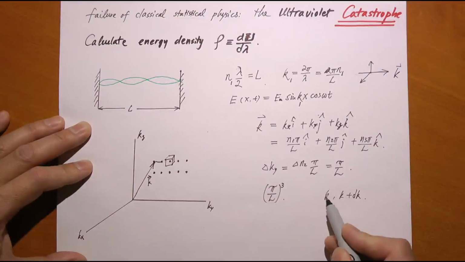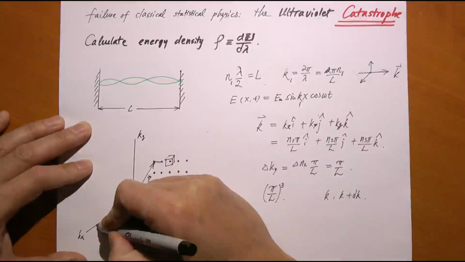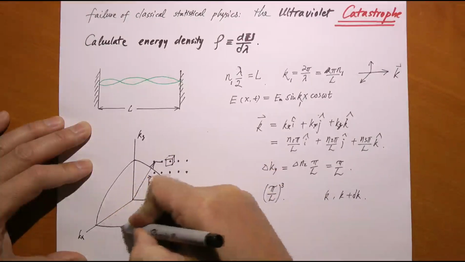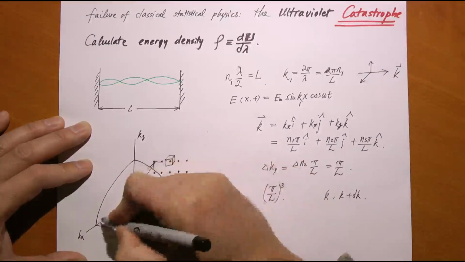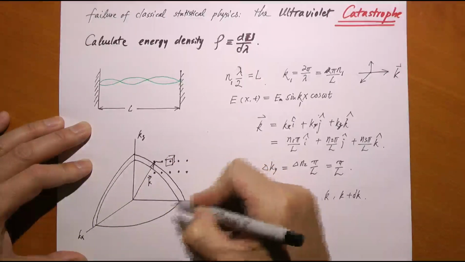Well, if the magnitude k is constant, we're looking at a spherical shell. So between k and k plus dk, that is a region of a spherical shell whose radius is k and whose thickness is dk. We're looking at something like this. This is part of a sphere, and this thickness is dk.